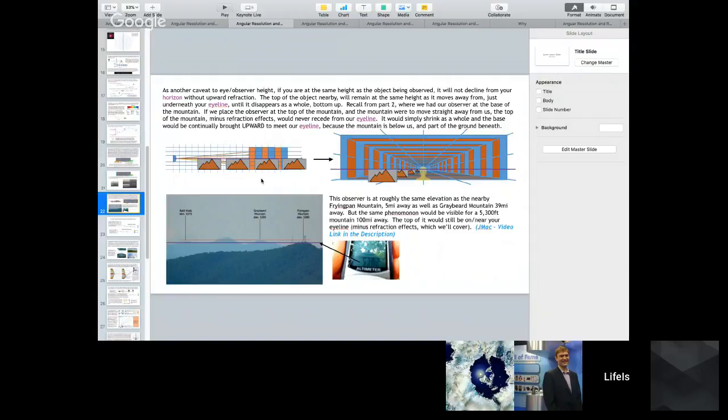Unless someone knows what the height of the sky is, but if you were to somehow find that out and you were to rise in elevation to the point where you met the roof of the sky, okay? And now you were to watch something move straight away from you at that point, you're now closer to the sky than you are to the ground, and the thing would disappear top first at that point.